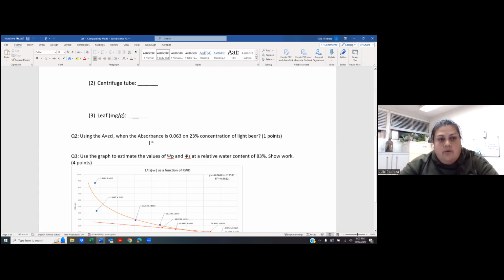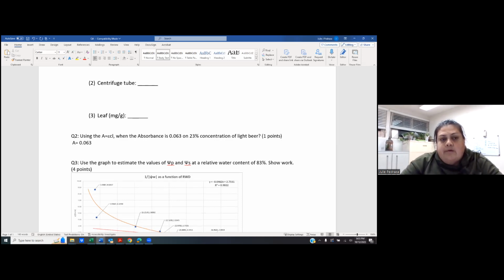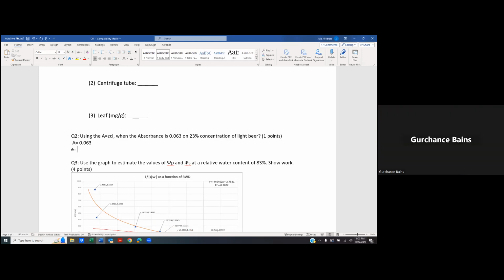So when we look at this, we know that absorbance equals 0.063. We don't know the absorbance coefficient, because we're trying to solve for that.